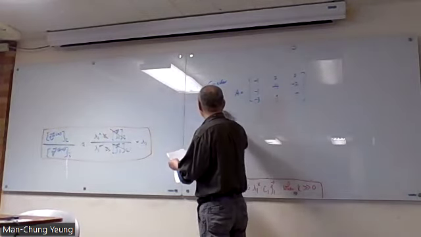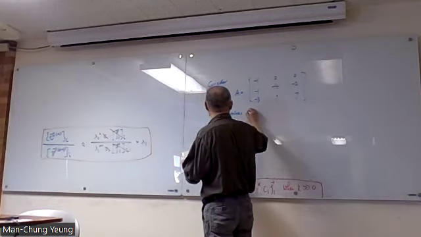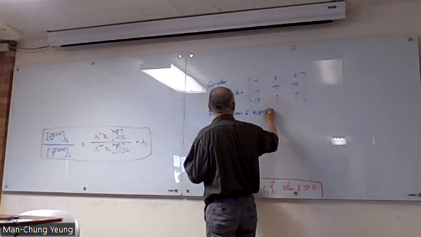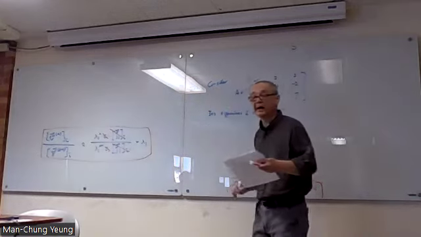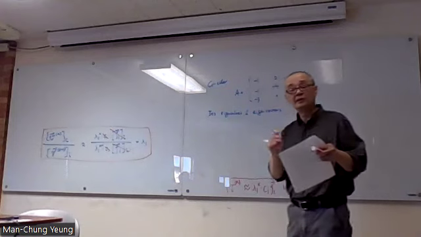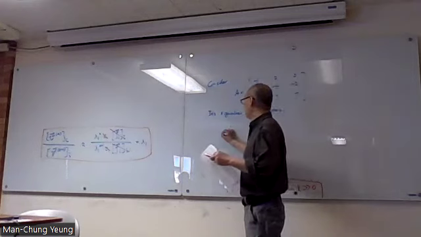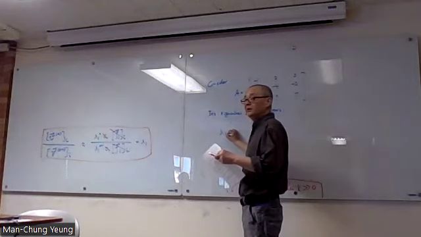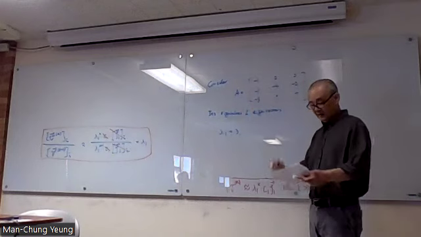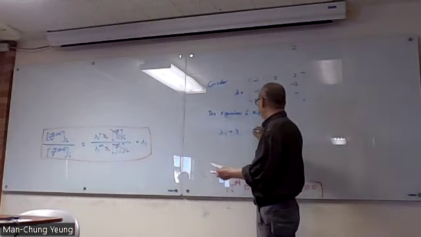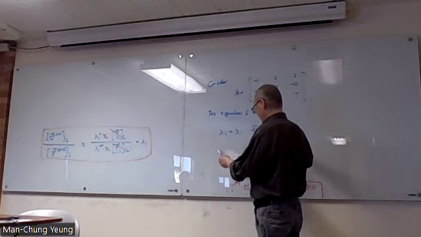Its eigenvalues and eigenvectors are easy to get. The dominant eigenvalue is 3. The corresponding eigenvector is 1, -1, 3.